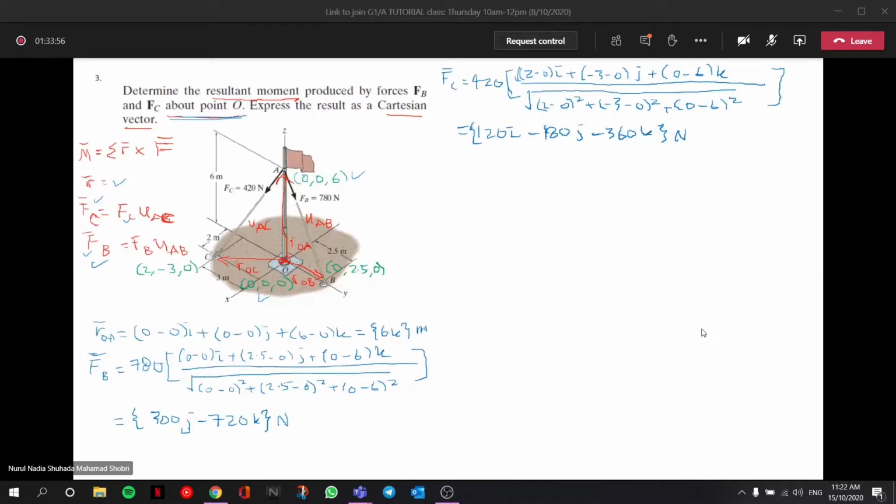So now we already have all the values, so we can just sum them up.